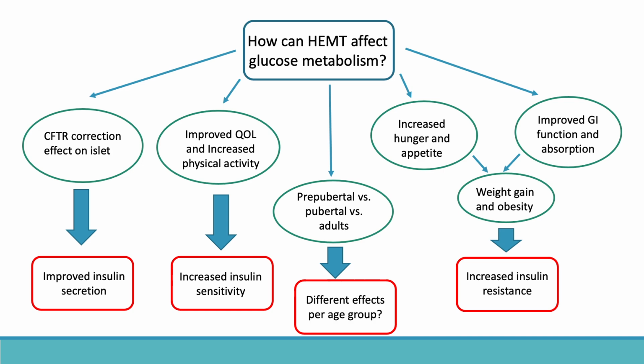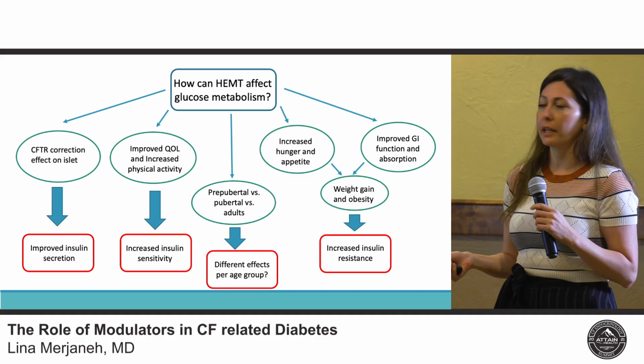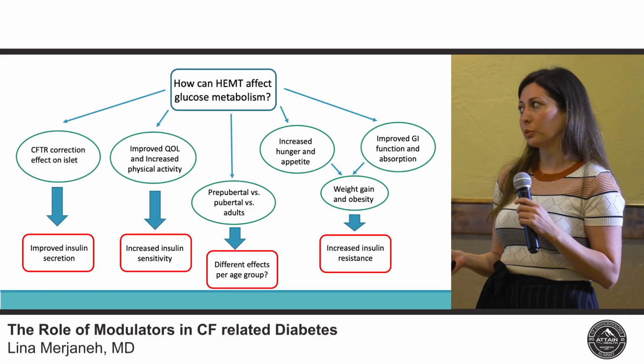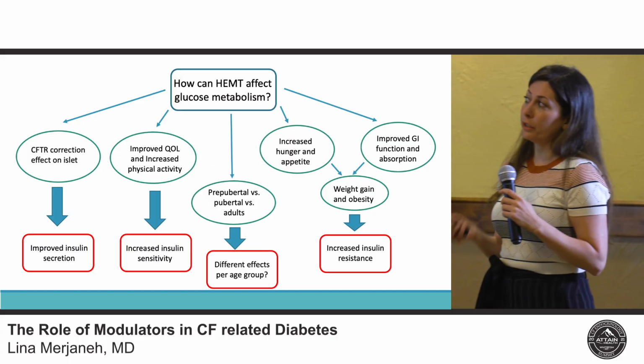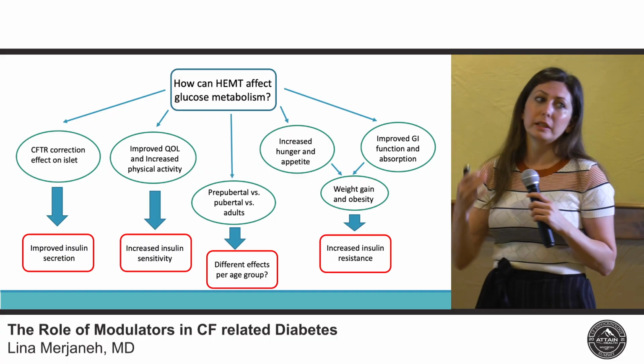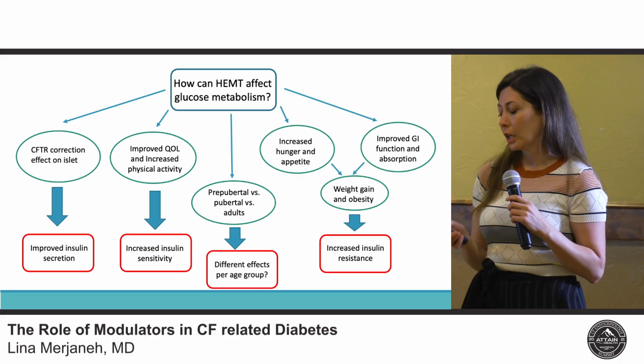This slide is my own speculation on how Trikafta might affect CFRD. I already discussed how CFTR correction can have a positive effect on the islet, and that will lead to improved insulin secretion. I also wonder, with the improved quality of life and increased physical activity, are they going to become more insulin sensitive?